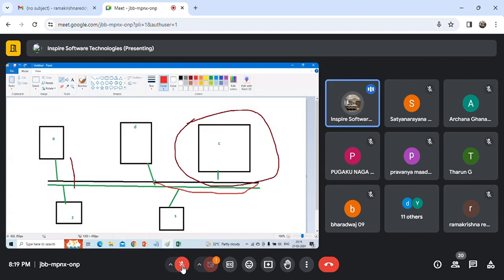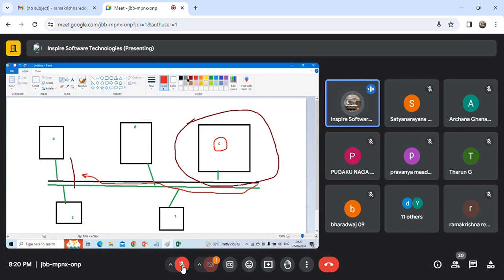So at that time, C will say, hold on, do not send any more information. I am processing something on my activity. It can tell A, okay, you are sending information, wait for some time, I'm processing some other data. So A will know that C is unable to receive the data. I have to wait for some time.